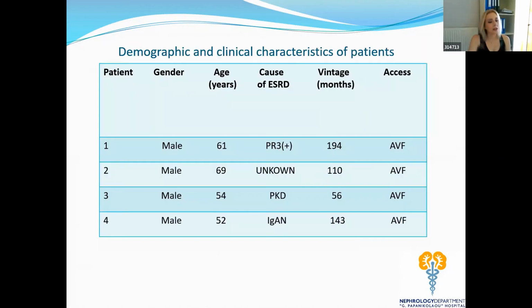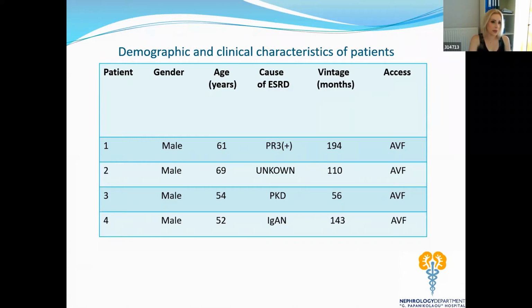So we decided to initiate this hybrid combined method of hemoperfusion with hemodialysis in 4 of our unit patients. Here are the demographic and clinical characteristics of the patients. Mean age is 59 years old, and mean vintage, long stay in hemodialysis, is above 10 years.